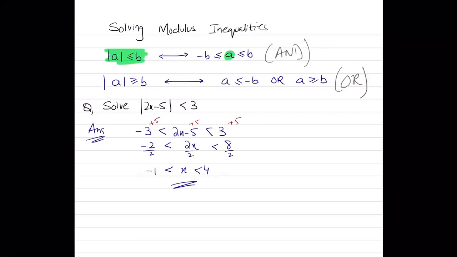Once you get positive 1, because minus 3 plus 5 is 2. Oh yeah, sorry, my bad. Positive. So it is going to be ranging from 1 to 4. This is done algebraically.